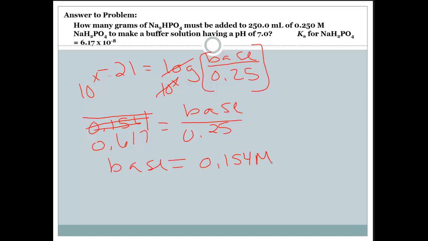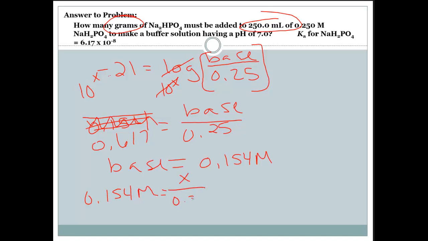Alright, so we want to know how many grams. So in order to get to grams, we have to figure out how many moles we need. We have 250 milliliters. Therefore, 0.154 is equal to x over 0.25 liters.